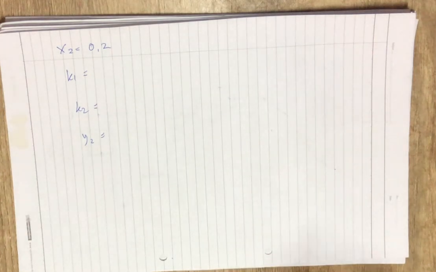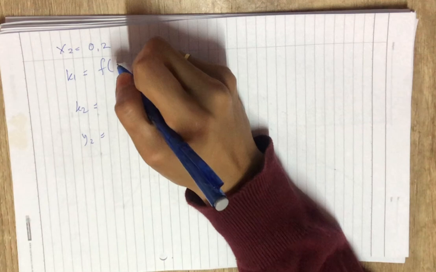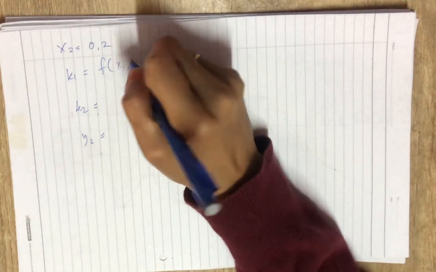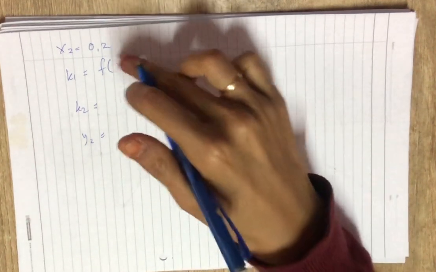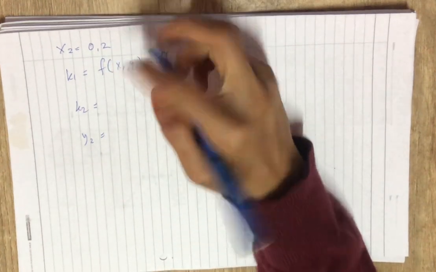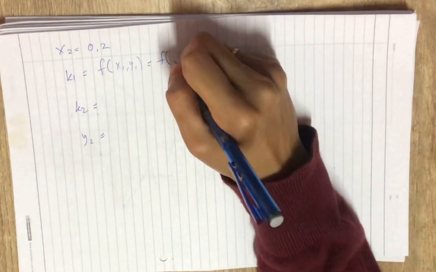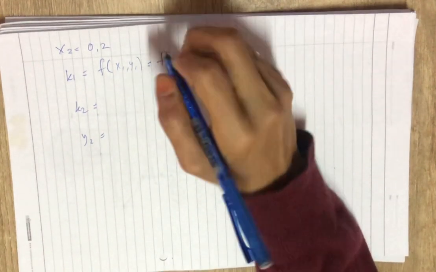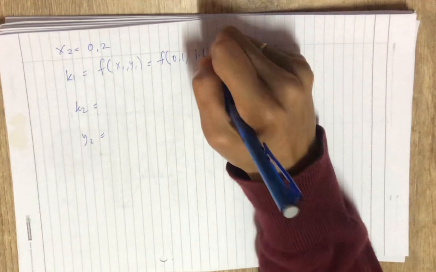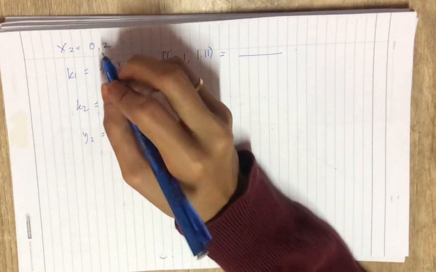So k1 is f, and this one will be your x1 and y1, because you already got these values just now, right? So we substitute the latest values that you have. So x1 is 0.1, your y1 is 1.11. So you will get your answer here.